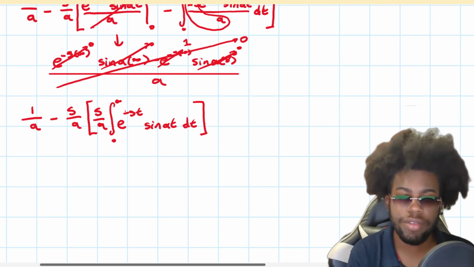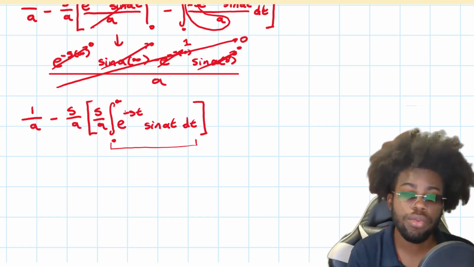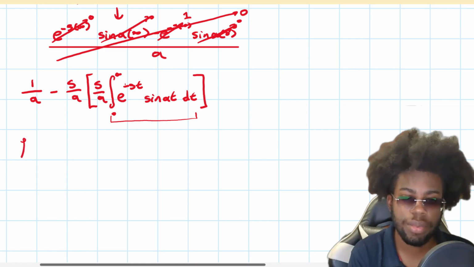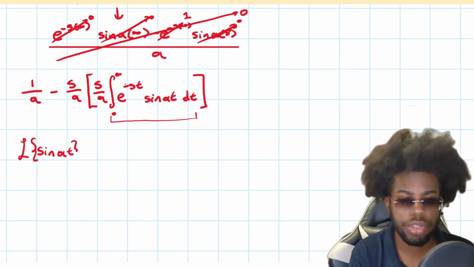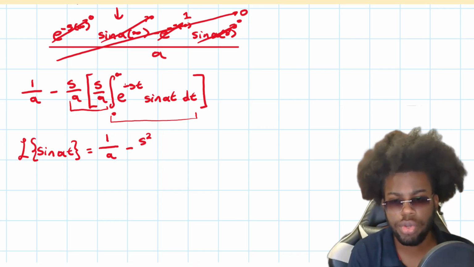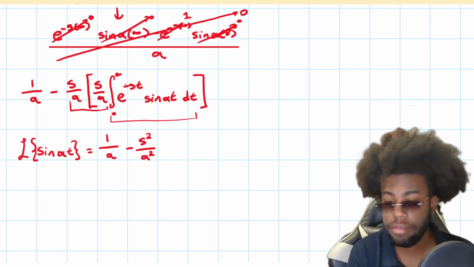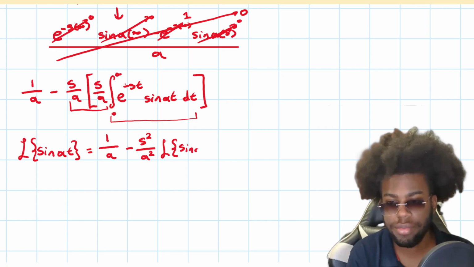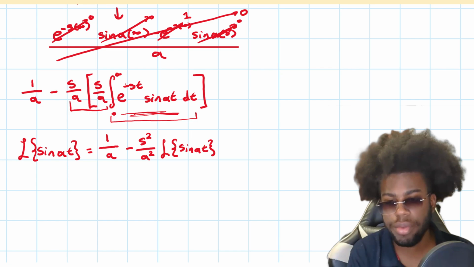So given that this is what we're initially trying to solve, we can rewrite this as follows. We can say that the Laplace transform of sine at, which is what we're trying to find, is equal to 1 over a minus, let's multiply the two of these here, s squared over a squared multiplied by, drum roll, the Laplace transform of sine at, which is really all this integral here that we've gotten back to is.